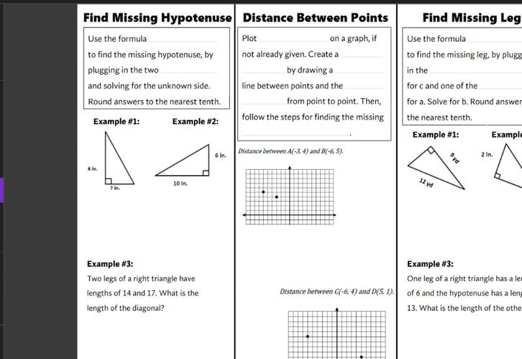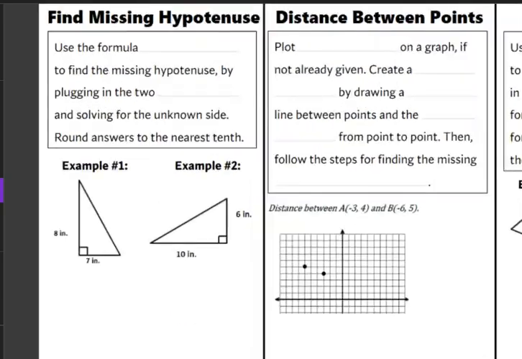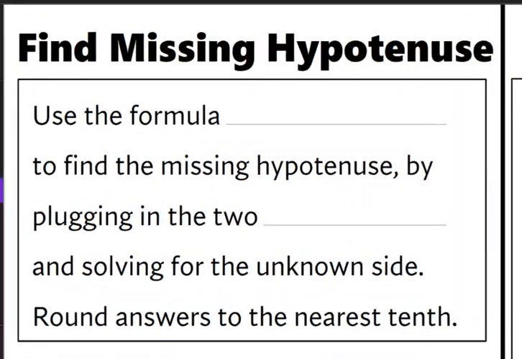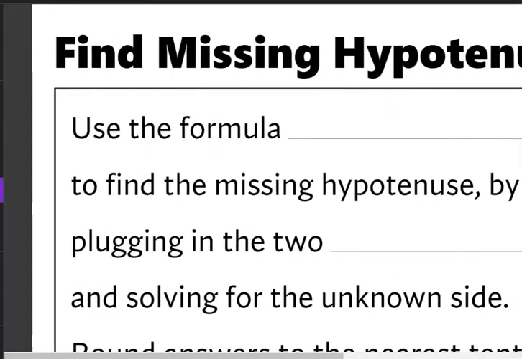So I'm going to zoom in here onto that left column where it says find missing hypotenuse. That's how we say that word, as you learned yesterday. Remember, that's the longest side of the triangle, the side that does not touch that right angle. It's across from it. Okay, so let's zoom in here and let's get started.